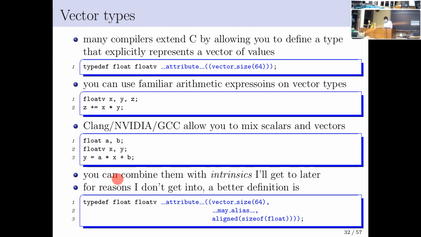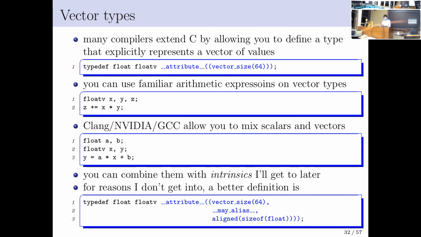And there are some other things you cannot easily express with ordinary arithmetic expressions. For example, let's say you want to take the square root of a vector of values. If you simply write the ordinary C function called square root of x, then the compiler complains, because square root is applicable only to a scalar floating point number or double precision floating point.